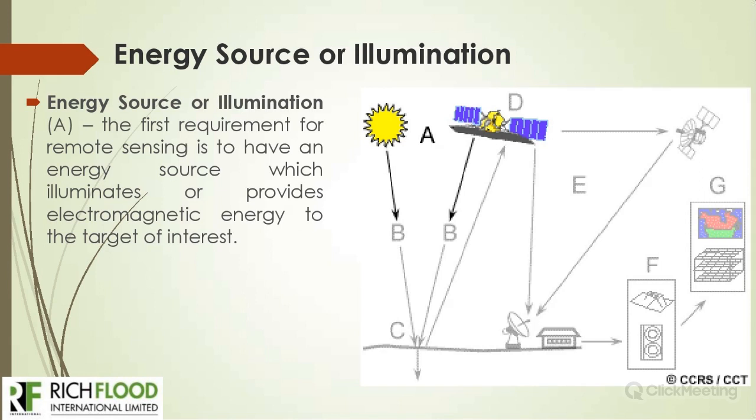So this knowledge of the source of energy for remote sensing is very important, because as we progress, we are going to discover that there are some remote sensing systems or sensors which you might want to use to study phenomena on the Earth's surface that do not require a source of energy from the sun. So this is a very important component of this system, which we have to understand.